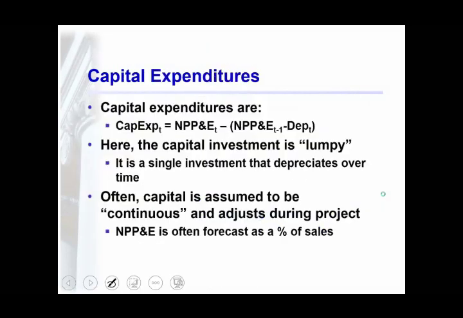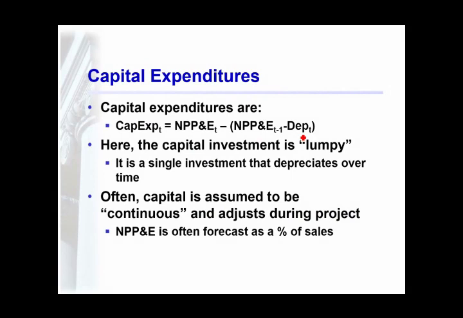In addition, we'll have to make some capital expenditures. Now, on the balance sheet, capital expenditures are defined as the property, plant, and equipment this year, minus what we would have forecast based upon last year's level and the depreciation that occurs over the course of this year. So, in our example, the capital investment is a lumpy investment because we make an investment at the beginning of $7,500,000.